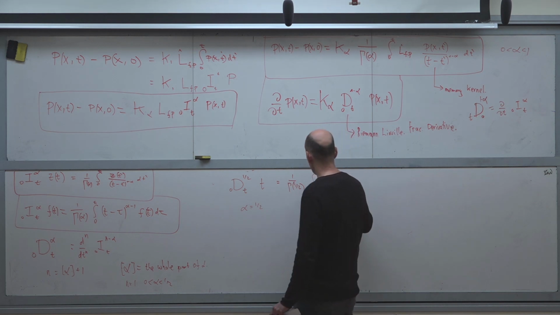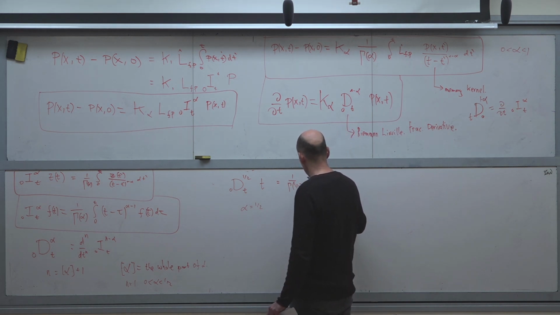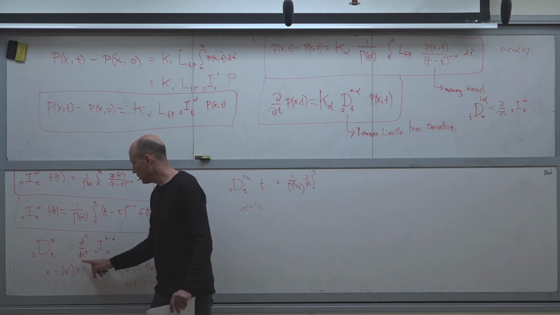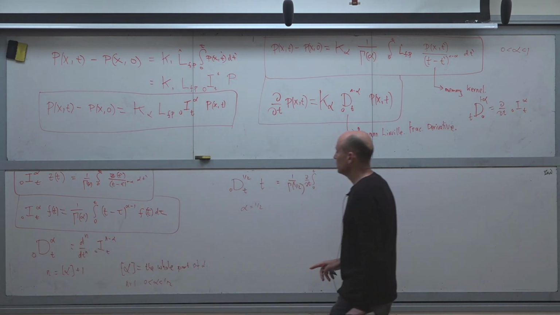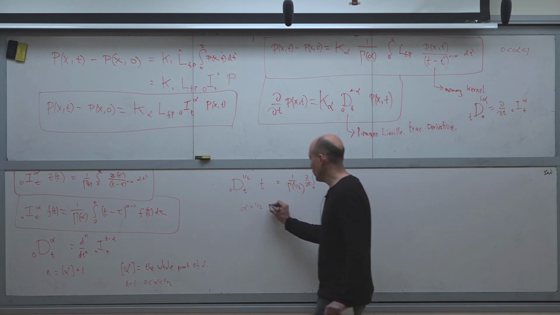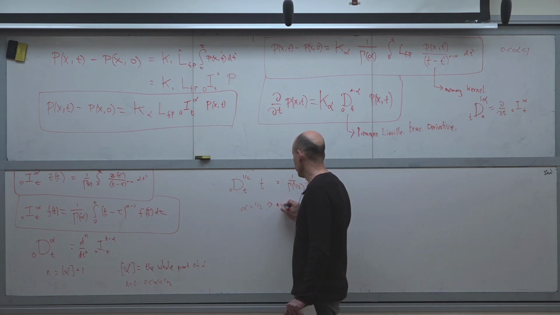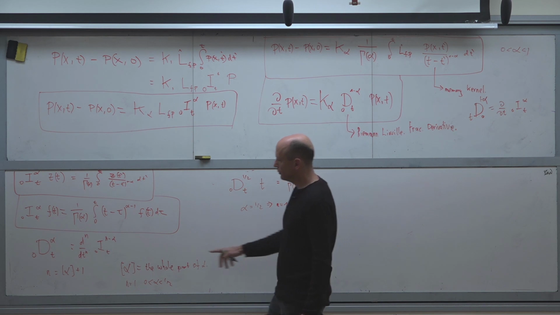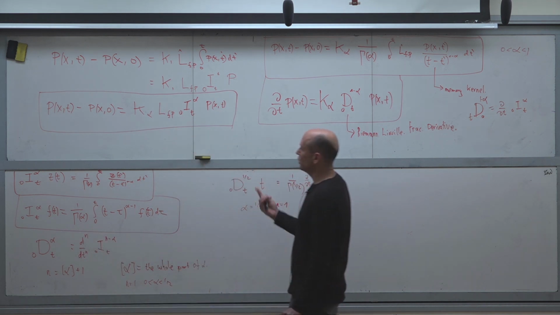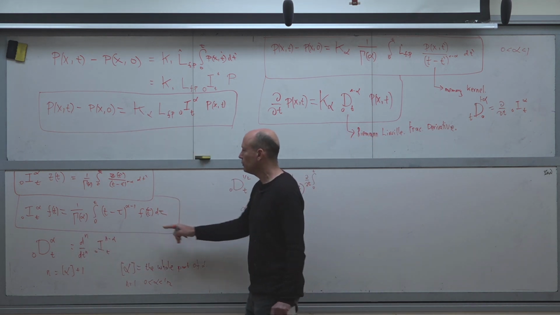And then I have an integral from 0. First I have the derivative. This is this derivative, n is equal to 1. Now I need to do the integral. The integral I defined here.